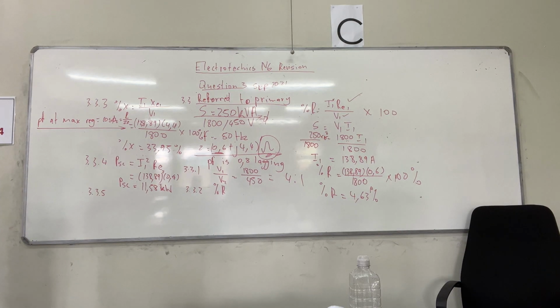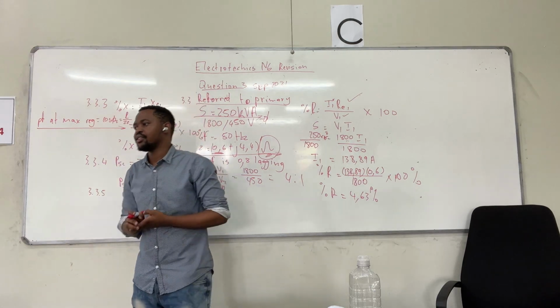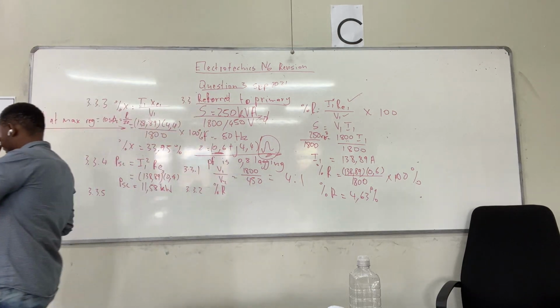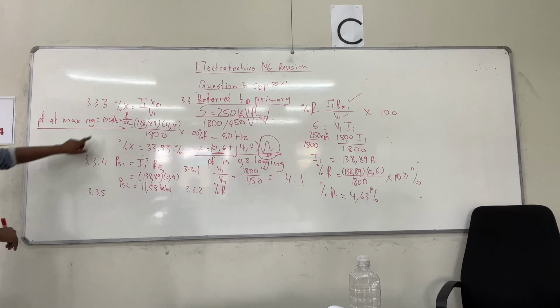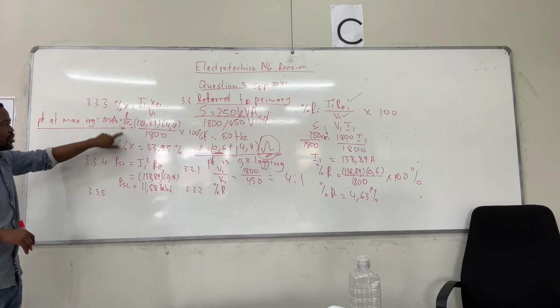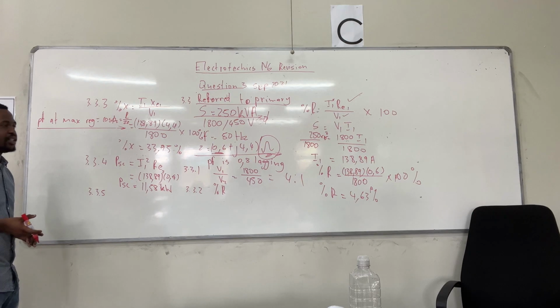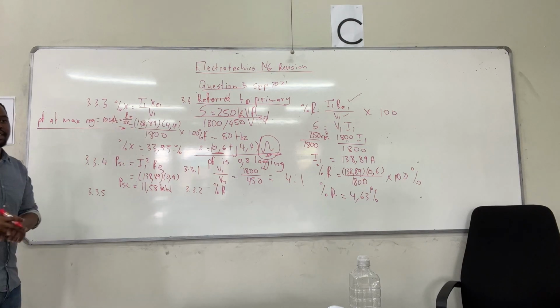Power factor at maximum regulation: cos theta 2, to show that it's at maximum regulation, R_E over Z_E.